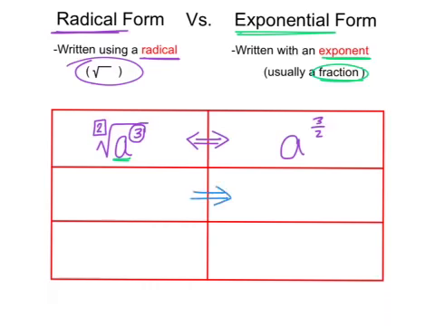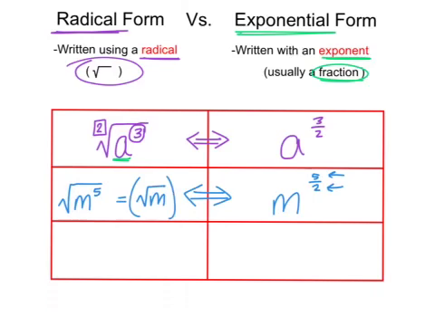Now what if we went the other way? What if I gave you m to the 5/2? What would that look like as a radical? Well, we know it's going to be a radical. We know m's going to be inside. The exponent on m is going to be a 5. The index is going to be a 2. Because it's 2, we're not going to write it. We could also write this as the square root of m to the power 5.